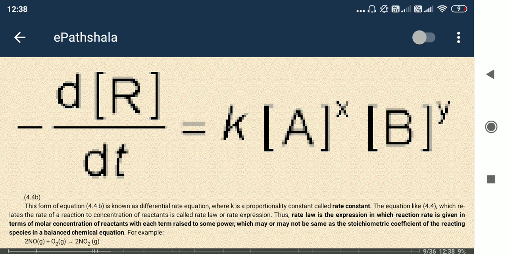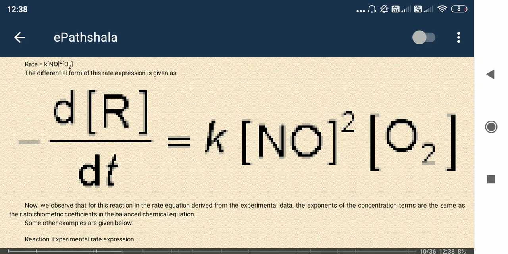This may or may not be equal to the stoichiometric coefficients. K is the constant, so we can easily say the reaction rate is directly proportional to the concentration of reactant, right? As we increase the reactant concentration, it is obvious that more product will be formed per unit time. That's why it is a proportional relationship.